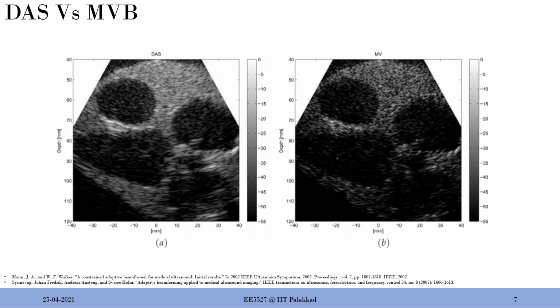And in this lecture we talked about something like a minimum variance beamforming approach, where we are actually estimating the apodization weights from the data itself. We are not calculating it a priori like in DAS, but on the fly we are calculating it from the delay compensated data X itself. But the important thing is the complexity is very, very high.